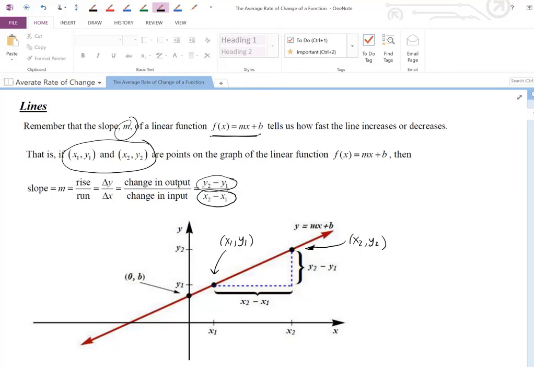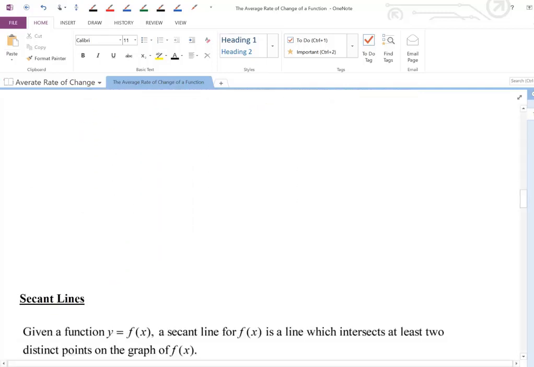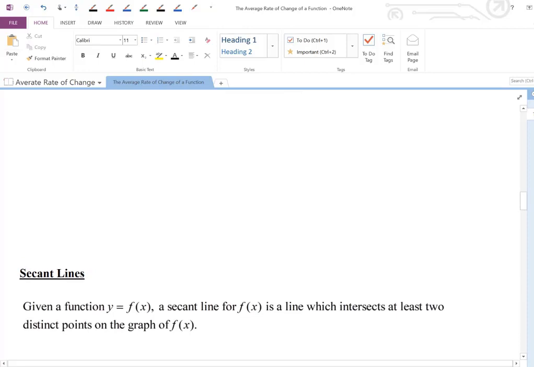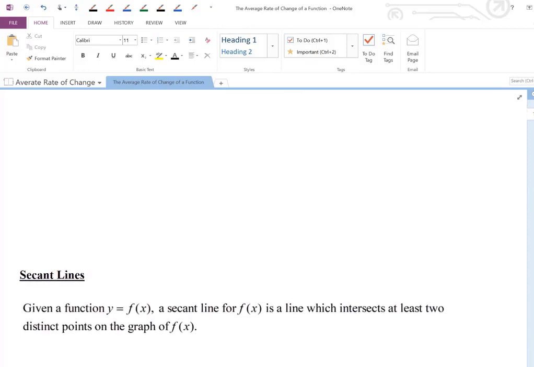So let's keep going. It brings us to the next topic, which we also need for average rate of change, called secant lines. Given any function, not just linear, just any old function, a secant line for the function is a line which intersects at least two distinct points on the graph of the function itself.